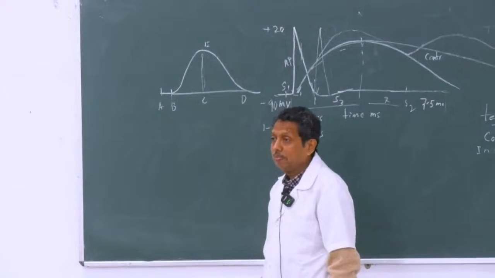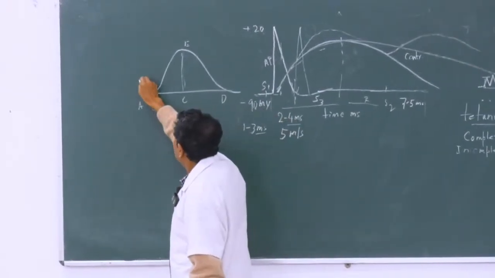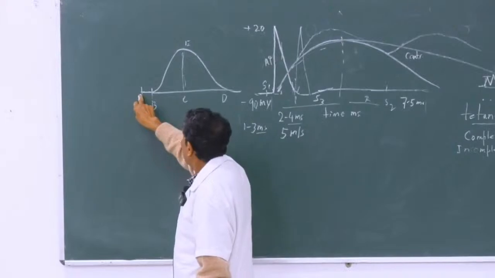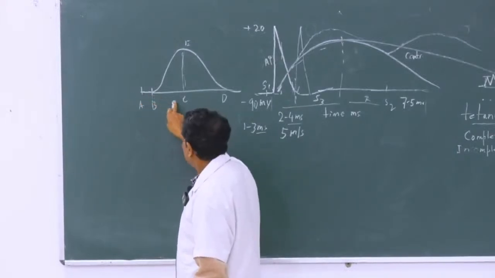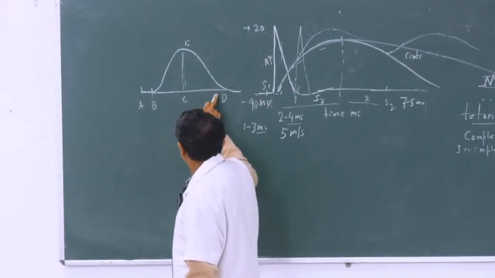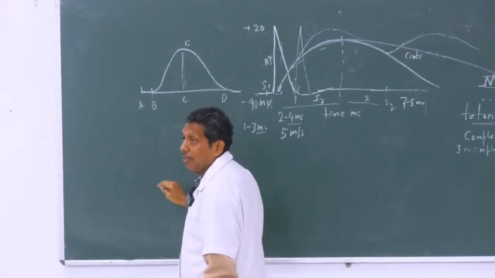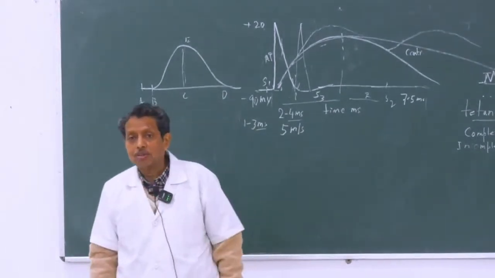Suppose this is the duration: A is the point of stimulation, B is the point of contraction, C is the end of contraction or beginning of relaxation, D is the end of relaxation. This is a simple muscle curve by a single induction shock or due to a single action potential.